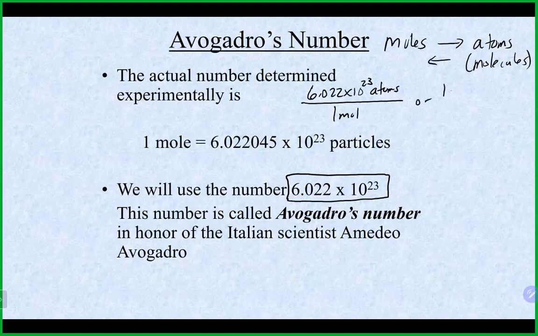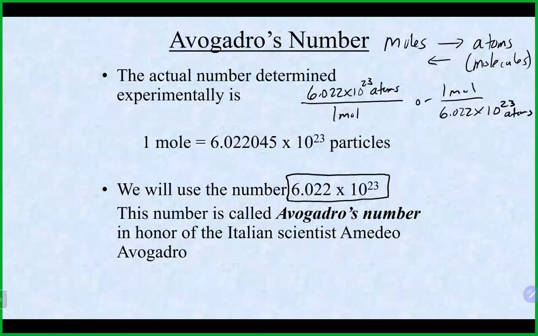Or you could put the mole up on top, and that would equal 6.022 times 10 to the 23 atoms. So it really is like a conversion factor, and that is what it allows you to do, and go between those 2 units, again, doing dimensional analysis, and opposites cancel.